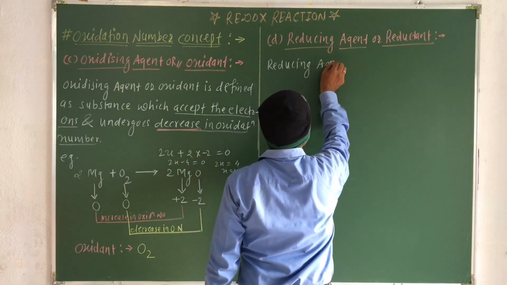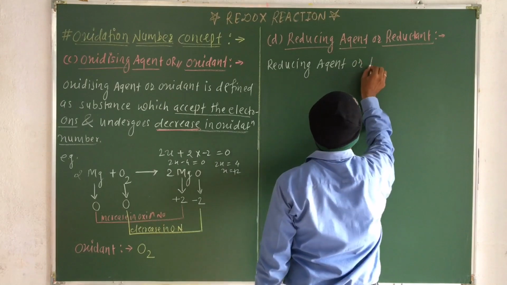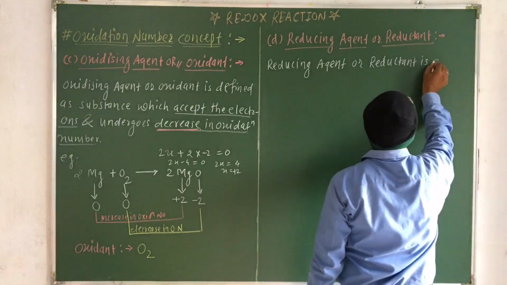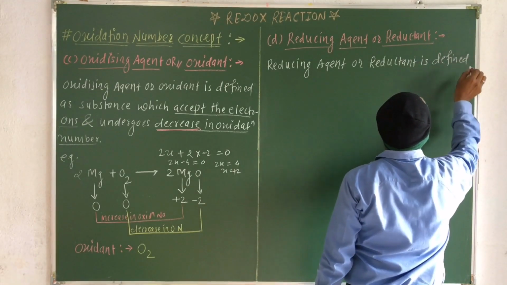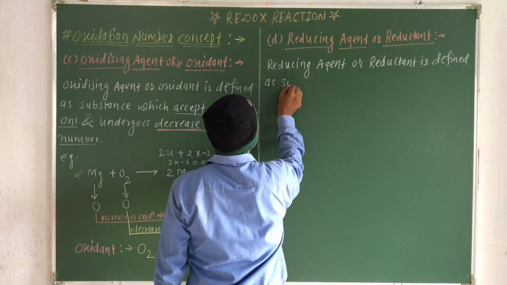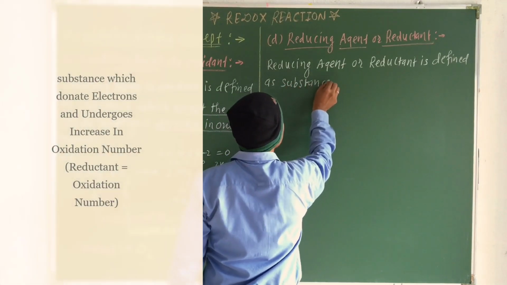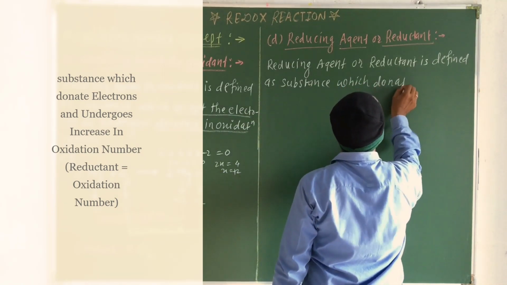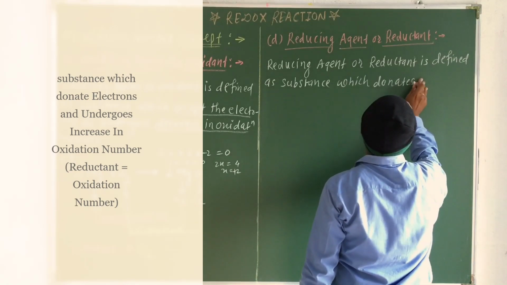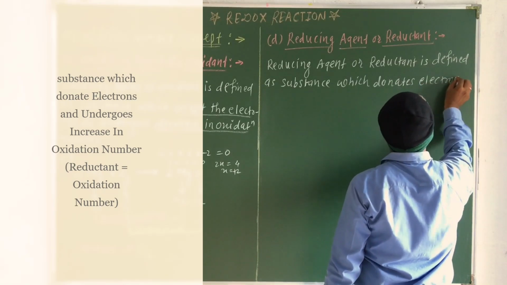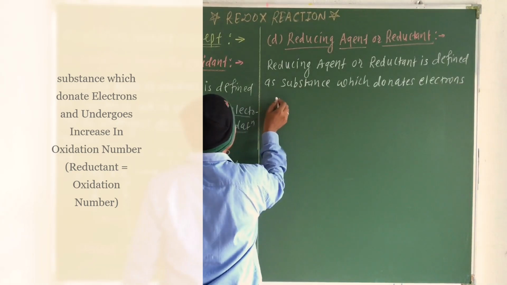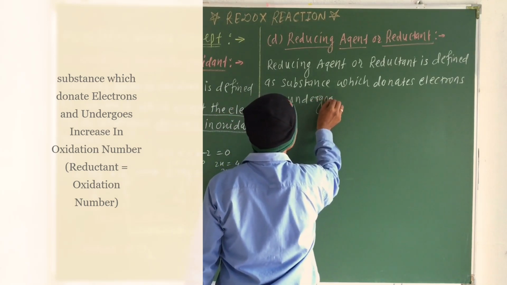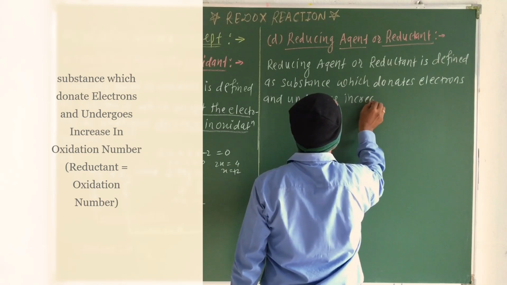Reducing agent or reductant is defined as the substance which donates the electrons and undergoes increase in oxidation number.